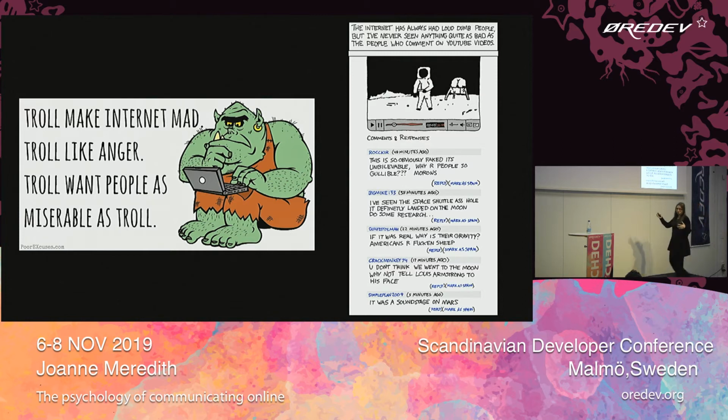So things like trolling, even things like conspiracy theories, are potentially put down to an idea of online disinhibition. So this is the notion that because of a number of features, which are put down by John Suler, who came up with this theory, we are less likely to be inhibited online. So things like anonymity, for example, the fact that you can be anonymous online means you can say something that's abusive or aggressive or simply wrong, and nobody can come back to you and say, hang on a second, you said this thing.